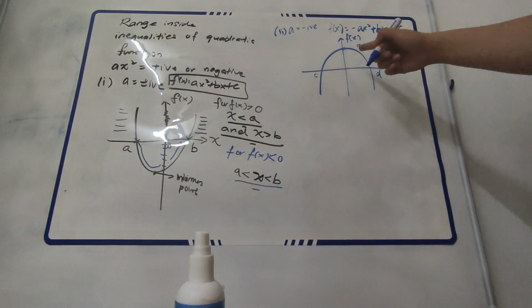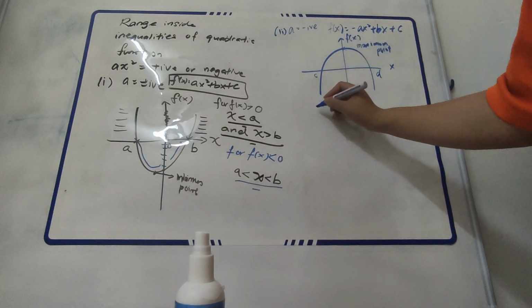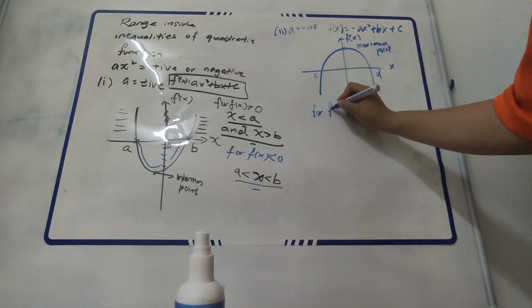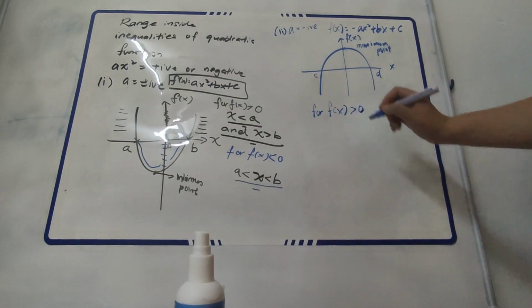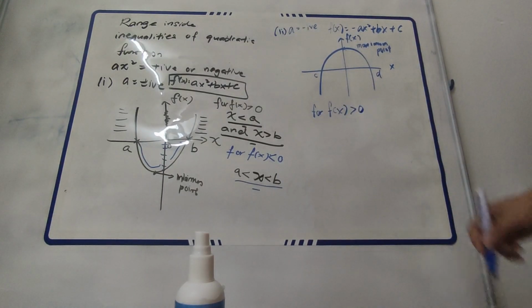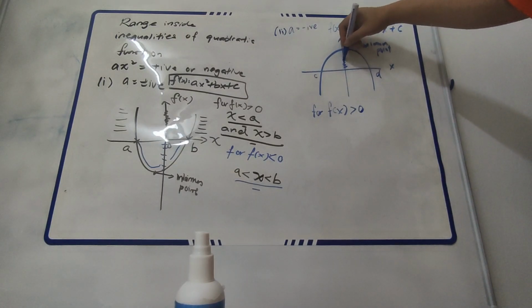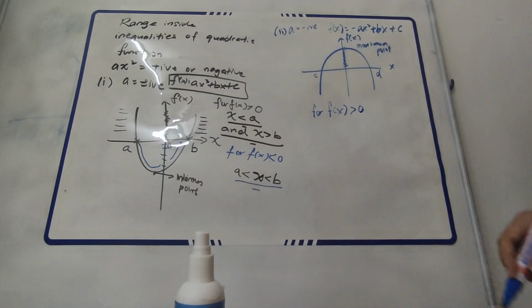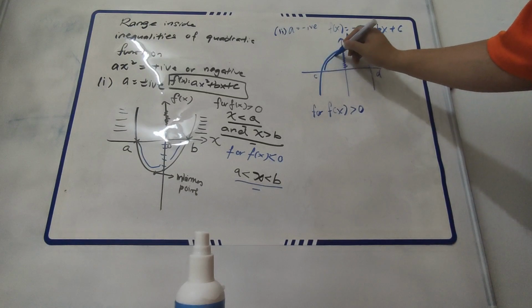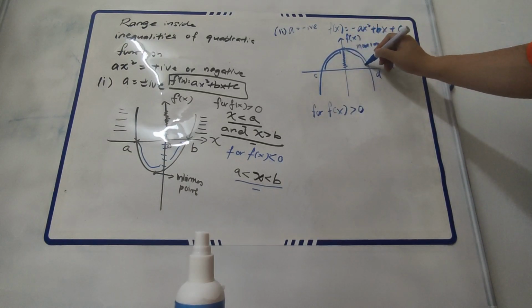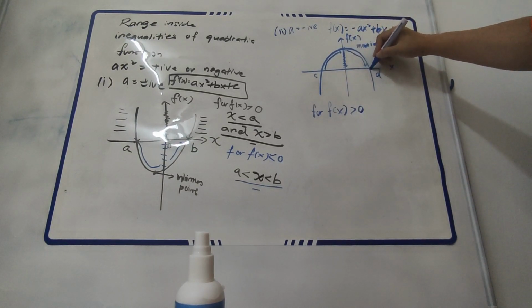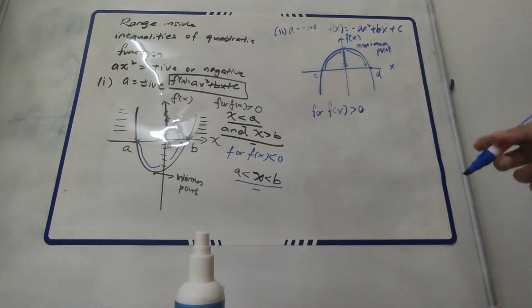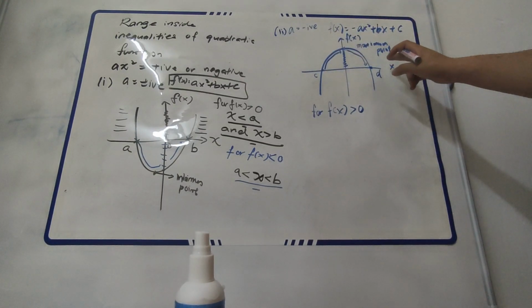Okay, now same as the first case, for f(x) bigger than 0, we are looking at this part here, from here to here, then stop at these two points. So that means you cannot be bigger than d.